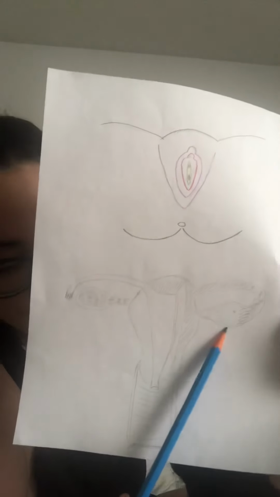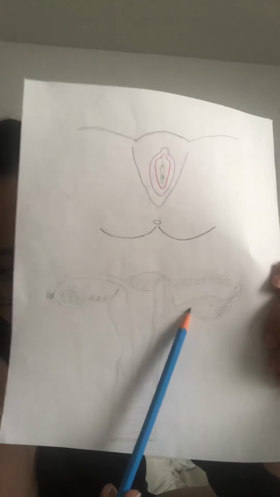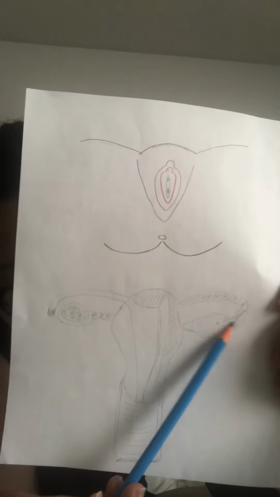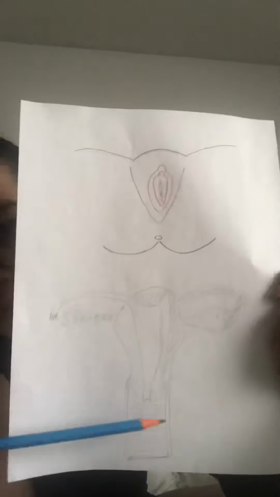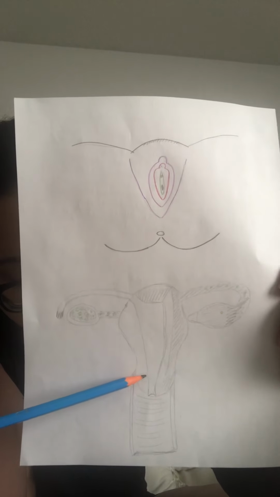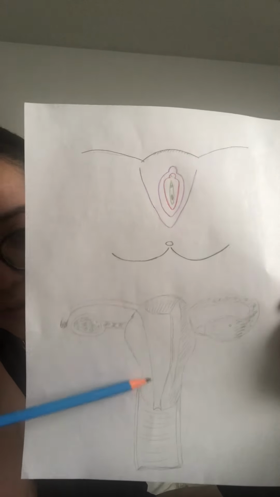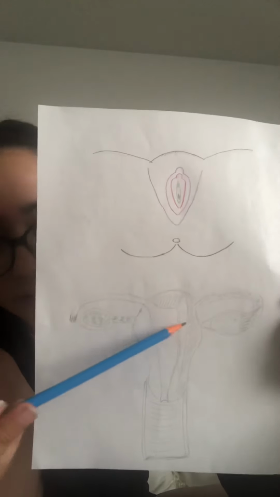And then we have the ovaries, and then these little things here that kind of look like they're holding on to that are the fimbriae, and then we have the vagina here, and then we have the cervical orifice, and then we do go in right there, and then we go into the cervix, and here is the whole body of the uterus.